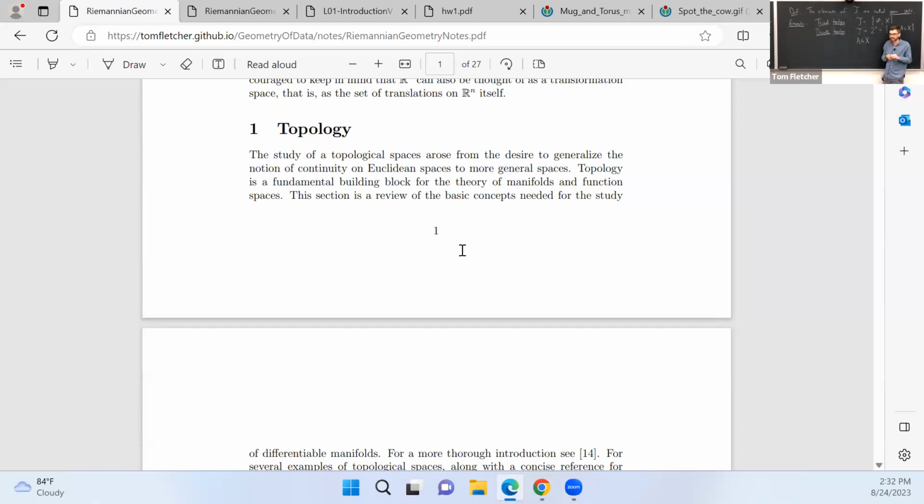For the trivial topology, do you have to say that it's the null set and X, or could you just say X? For the trivial topology, yeah, you always have to put the null set in there. Okay, if the null set is a subset of X, why do you have to put it there?